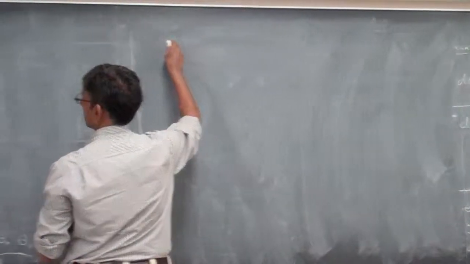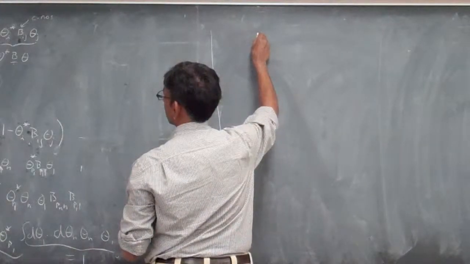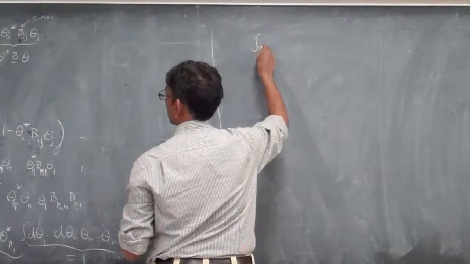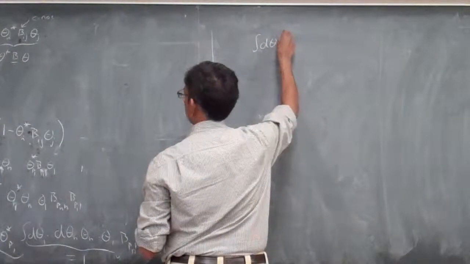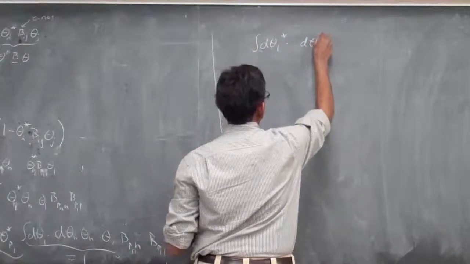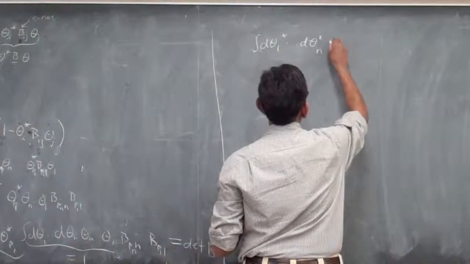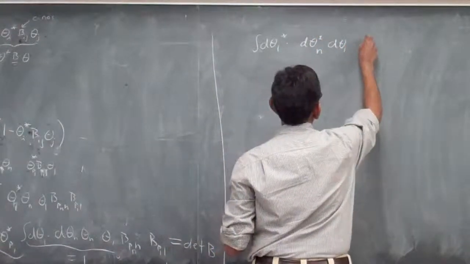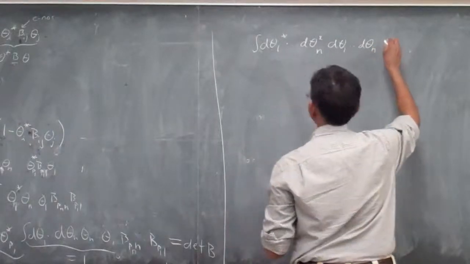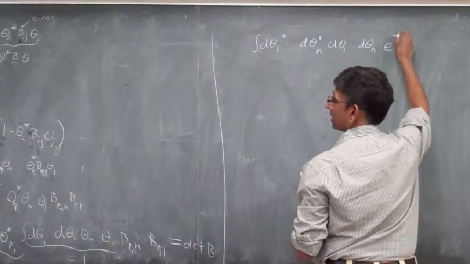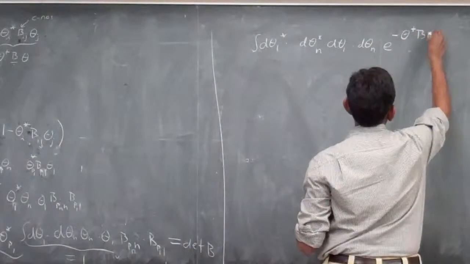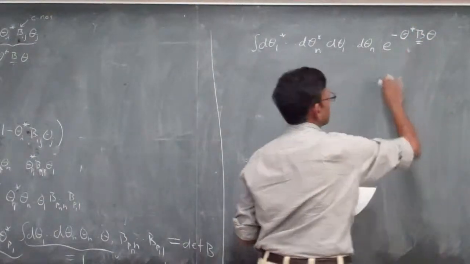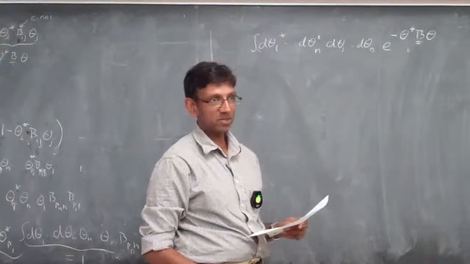And so we're going to do an integral which looks like d theta 1 star to d theta star n, d theta 1 to d theta n, e to the minus theta dagger b theta, where b is a standard matrix in n dimensions.